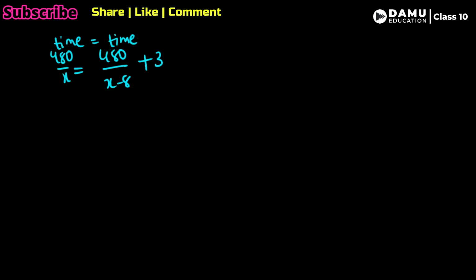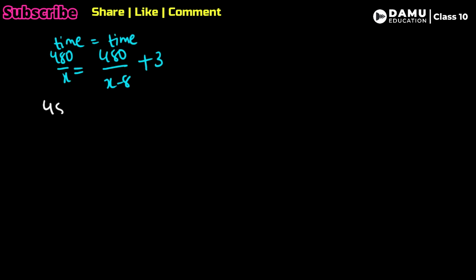Let's write 480 by x, that will be equal to 480 by x minus 8 plus 3 hours. So this is the time at uniform speed and time at x minus 8 kilometer less speed.